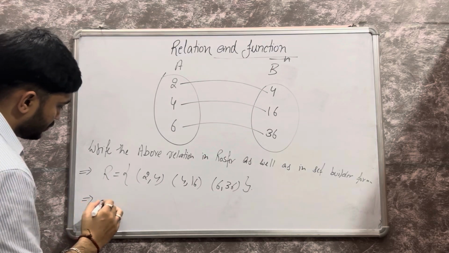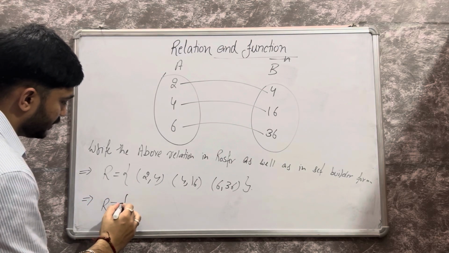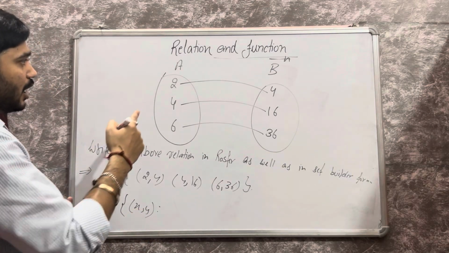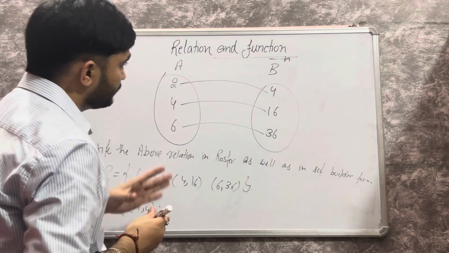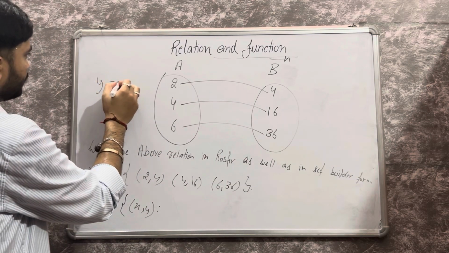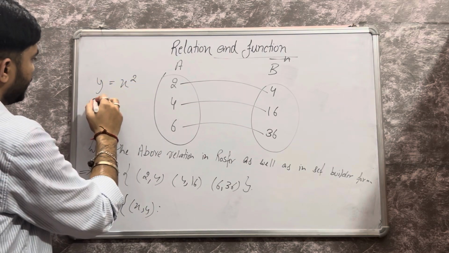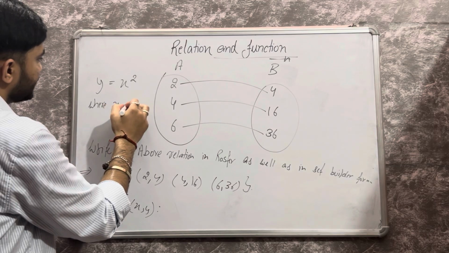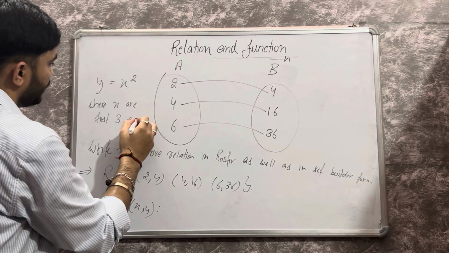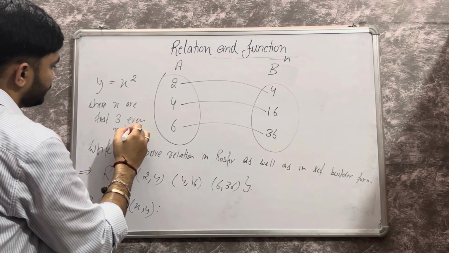In set builder form you have to write R equals x comma y. How are x and y related? Firstly, we can say that y is equal to x square, where x are the first 3 even natural numbers.